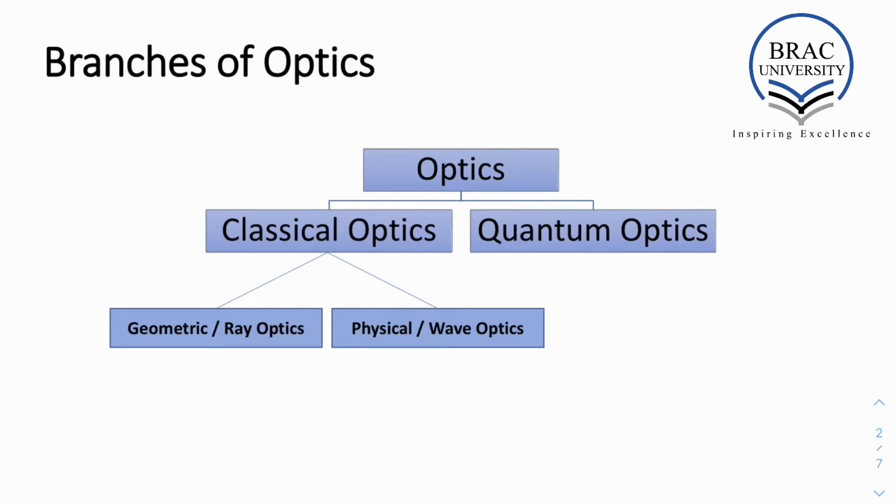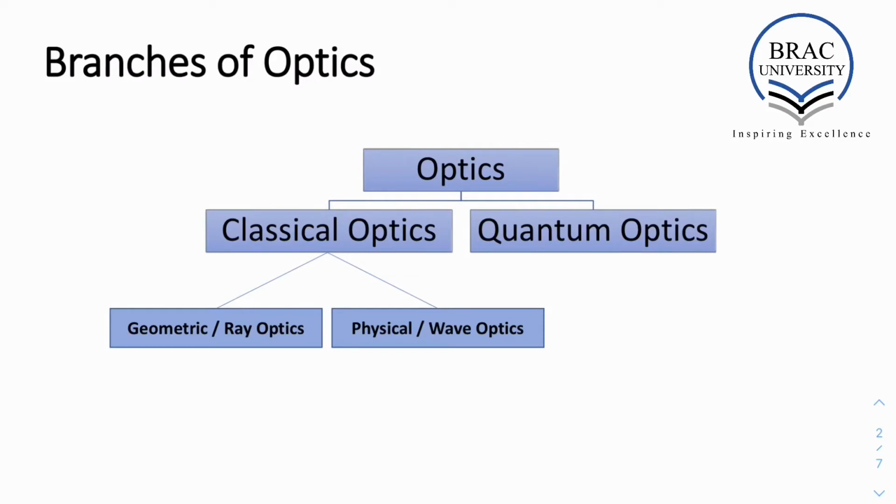In most cases of optical phenomena, we can ignore the quantum properties of light and accept that light is an electromagnetic wave. Now, there are two branches of classical optics: geometric or ray optics and physical or wave optics.